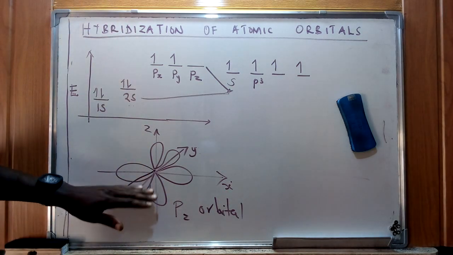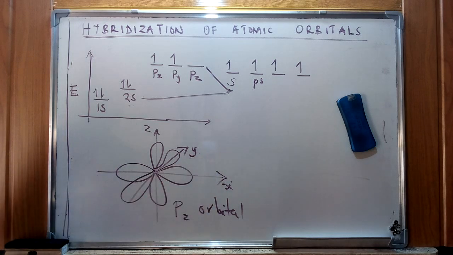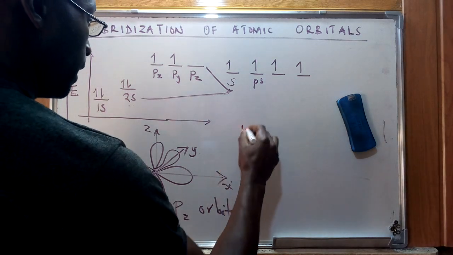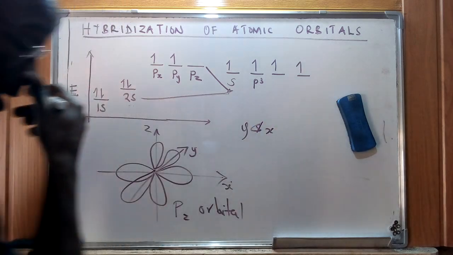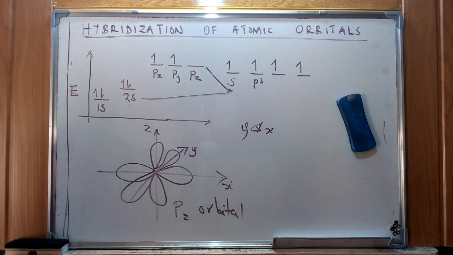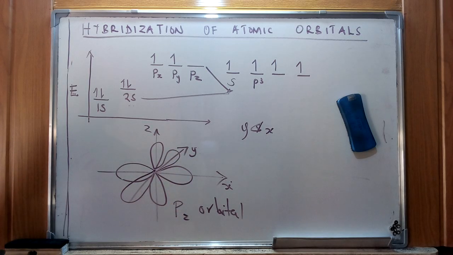So we are going to expect the px and the py orbitals to be hybridized, and therefore one of the orbitals of the p subshell is going to remain unhybridized in this particular sense. So in this case, if the y and x orbitals are hybridized for the p, then either the z or the y or the x, one of them, is going to remain unhybridized.